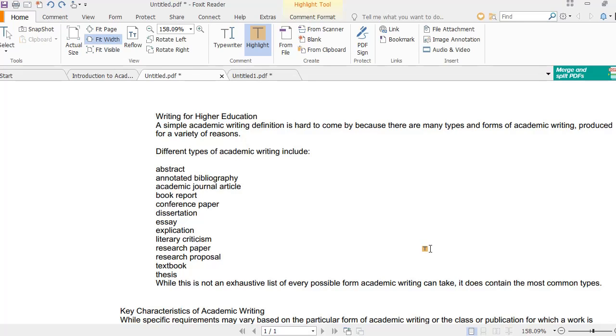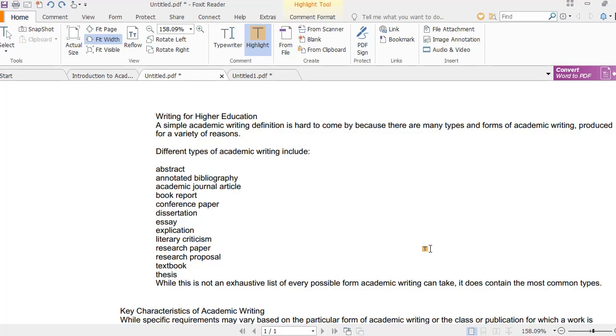So it may be projects, assignments, research reports, thesis, like that. Likewise, it varies, the reasons to practice academic writing.